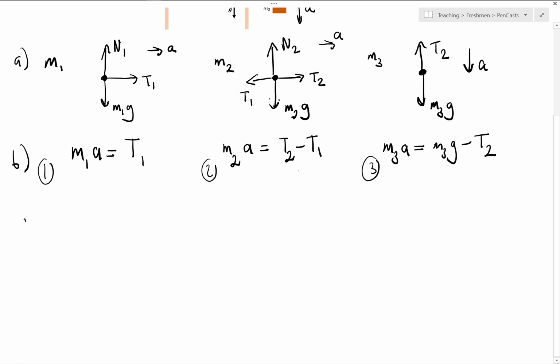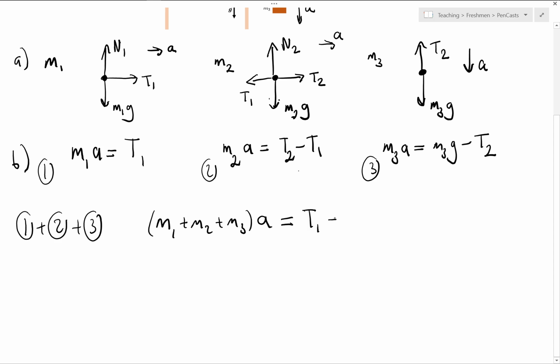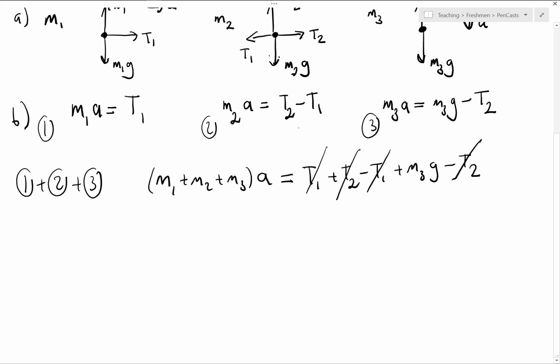What I will do is add up all three equations, which gives me on the left hand side M1A plus M2A plus M3A, since all these guys are moving at the same acceleration. On the right I have T1 plus T2 minus T1 plus M3G minus T2. When I do this addition, all the tensions in the cords go away.